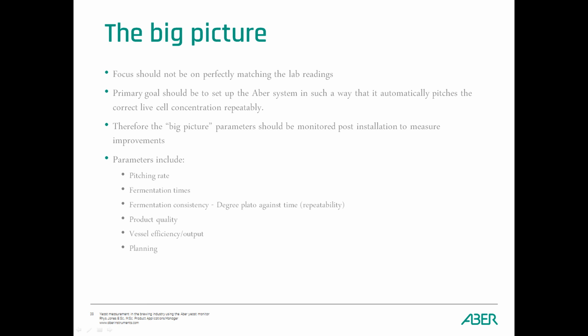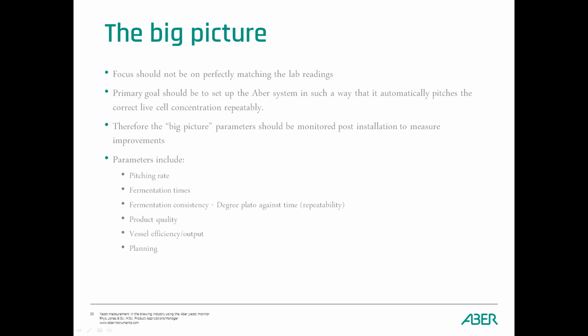While getting a strong correlation between the ABBA and the lab readings by performing the correlation checks is vital, it is important that we don't lose sight of the big picture. Above all else, we want to achieve greater pitching rate consistency, fermentation time reduction and consistency, improvements in product quality, and vessel efficiency.